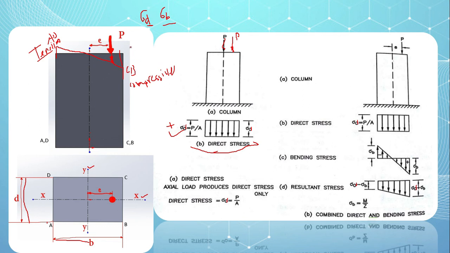The magnitude of bending stress can be calculated by sigma b is equal to M by I multiplied by y.